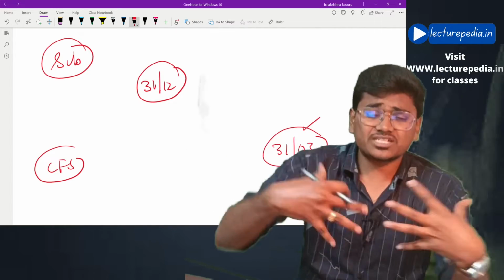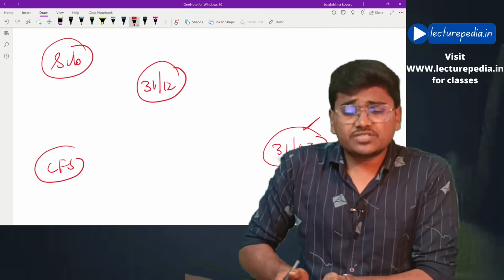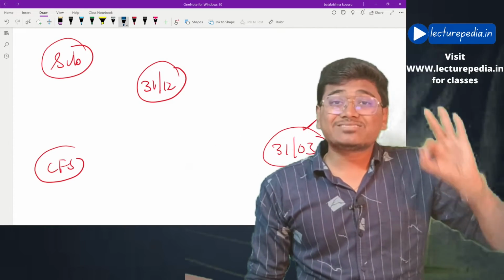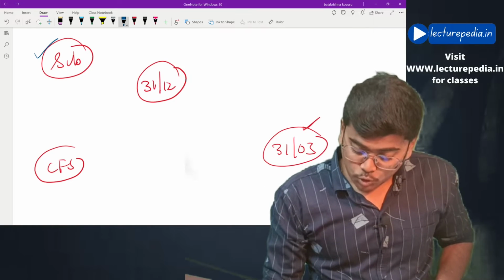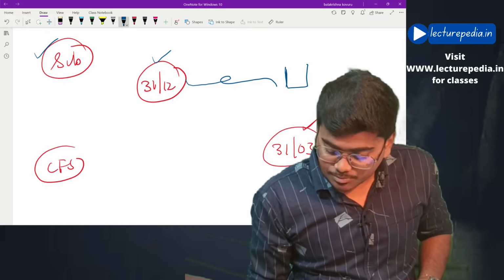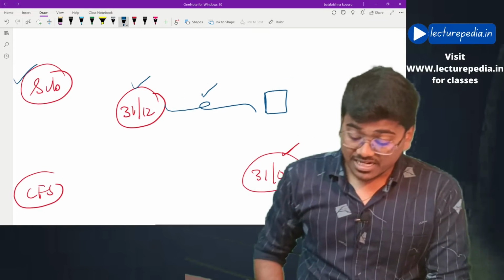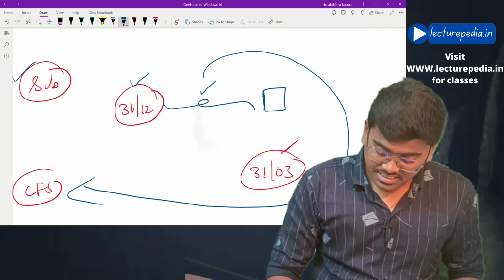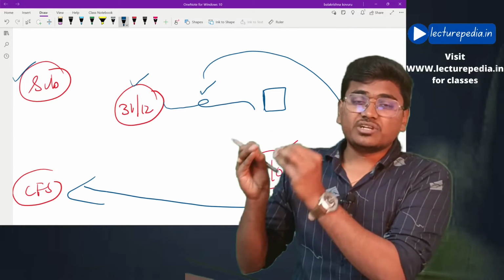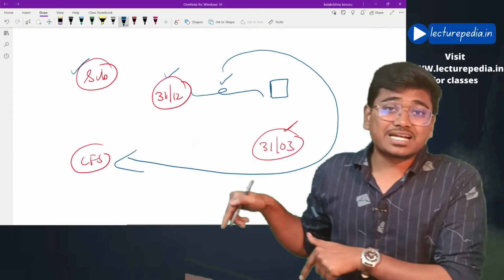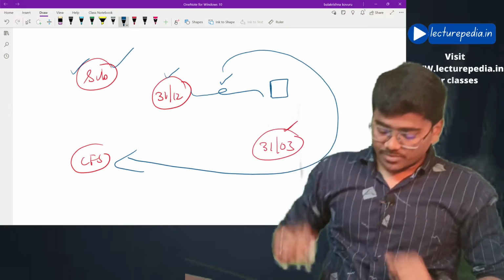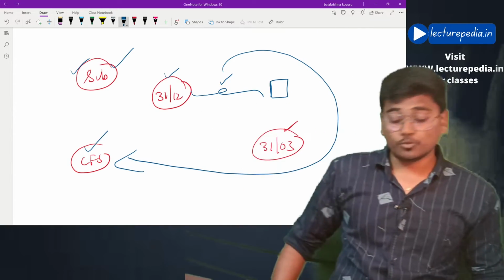Based on the financial statements prepared as on 31st March, the audit report will be given. Now there would be some transactions that have taken place in this subsidiary during this period, from 31st December till 31st March. Even these transactions should be adjusted in the consolidated financial statements. Even this comes under current period consolidation adjustments. This situation arises when the balance sheet date of the subsidiary is different from the balance sheet date of the consolidated financial statements. Hope this is clear.